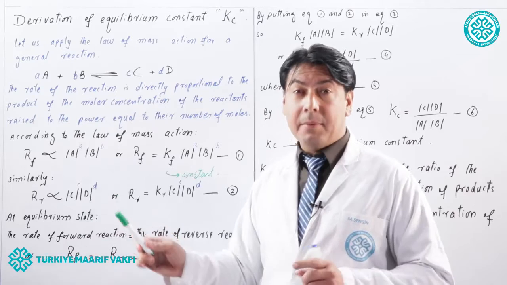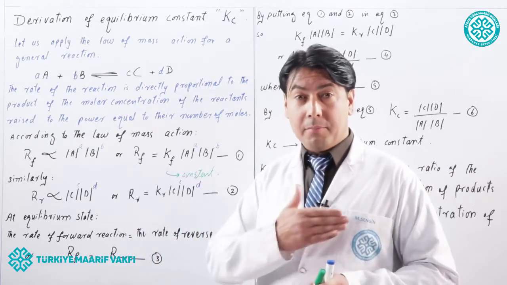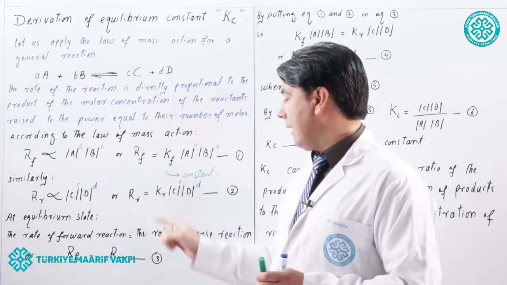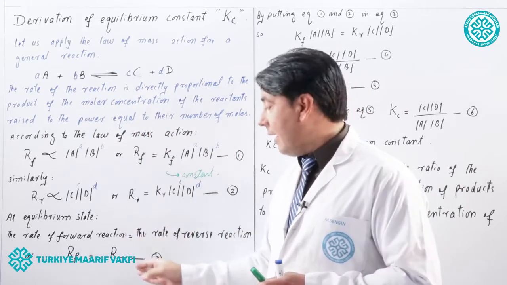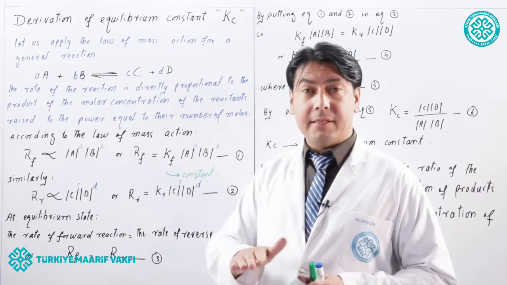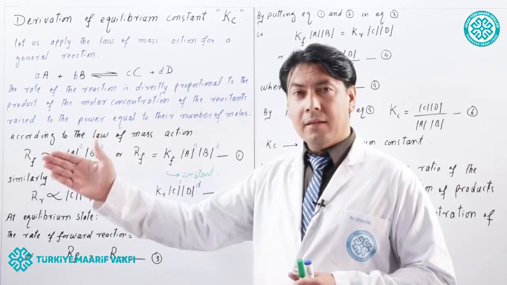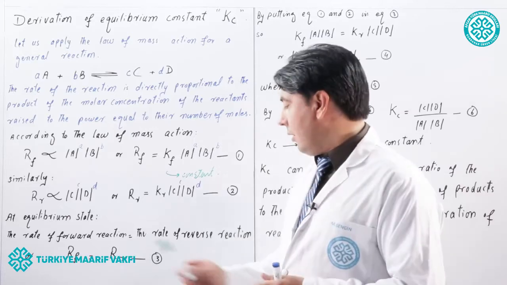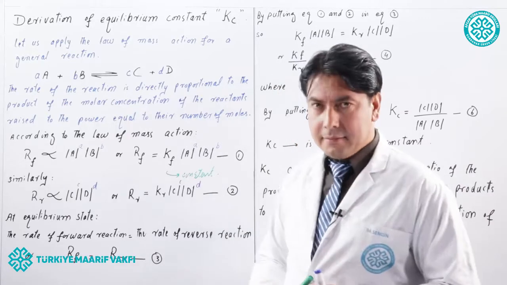What is Rf? The rate of forward reaction, which converts reactants into products. And similarly, Rr is the rate of reverse reaction, when the products convert into the reactants. So, this is equation third.